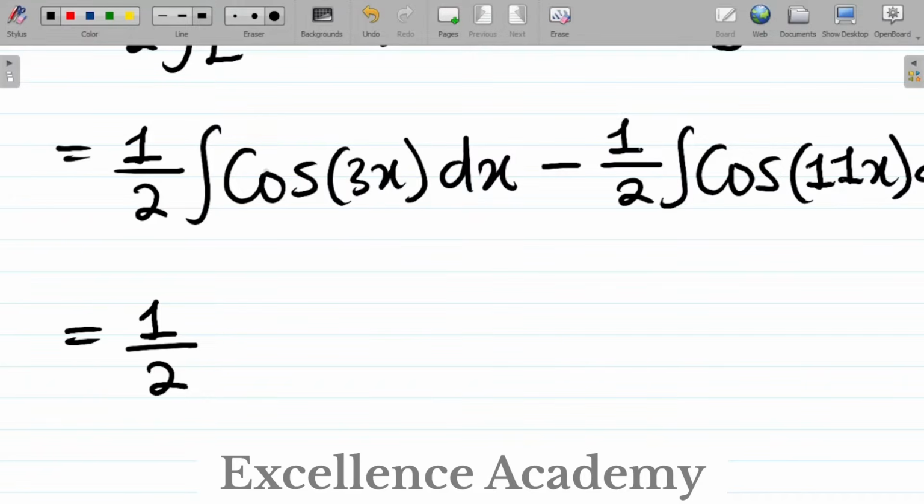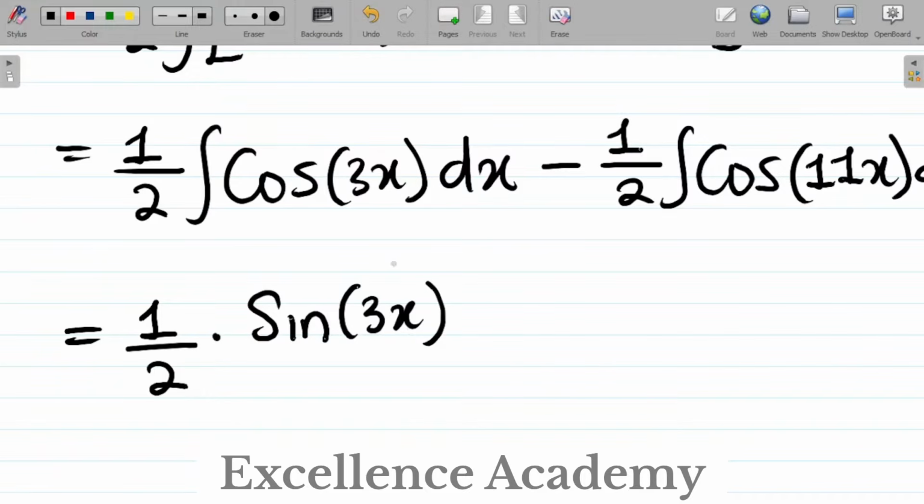The first thing you want to do is integrate cos, please, not differentiate. If I differentiate cos, I will have minus sine, but if I integrate cos, I will have sine. What I have in brackets here is 3x, so it becomes sine 3x.